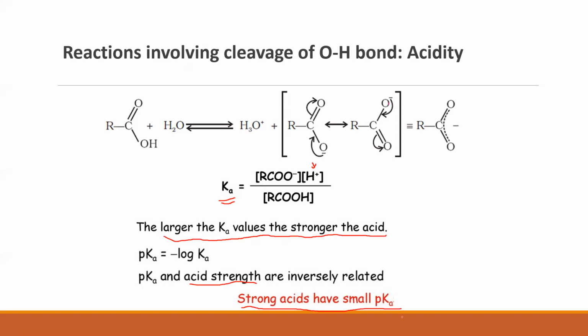Now I want you to understand this. This is a very, very important logic, both for your PU as well as competitive exams. They might give you a series of compounds with their Ka values or pKa values.